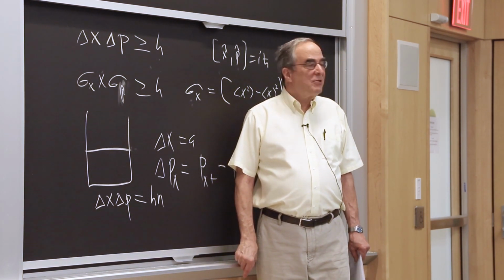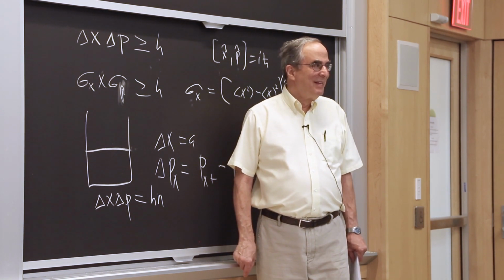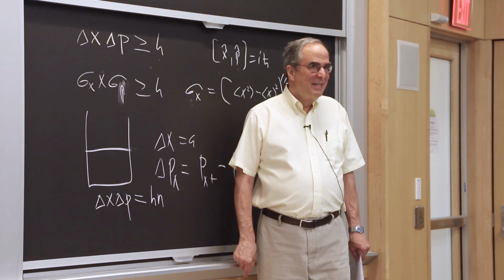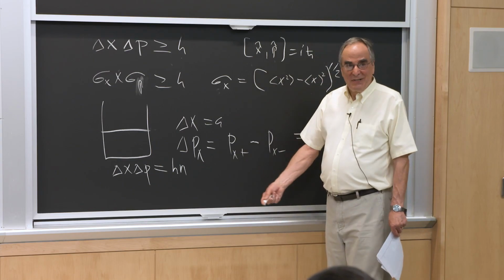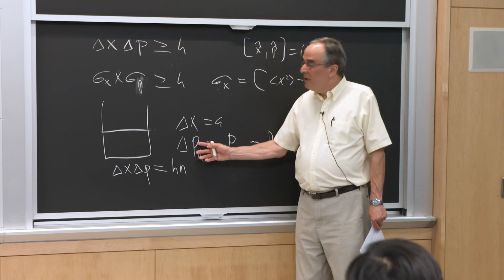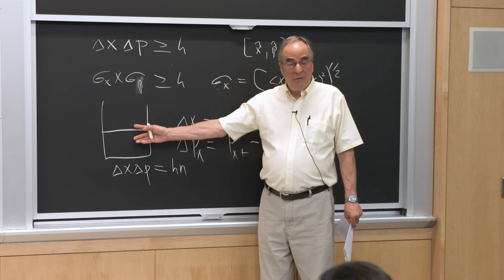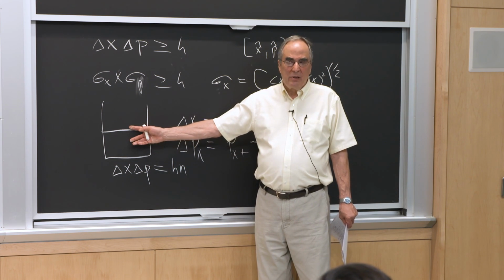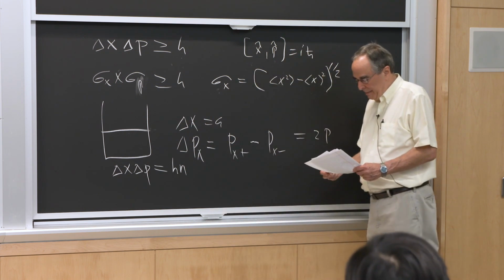And maybe I should ask you to really be sure you can do that in seconds. Because you really know what the possible values of momentum or momentum squared are for a particle in a box. Okay.